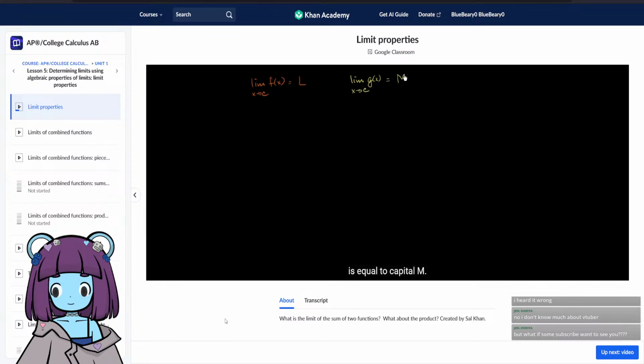Let's say g approaches is equal to m. You look at the graphs, two arbitrary functions. These are properties, not proofs. Oh, okay.